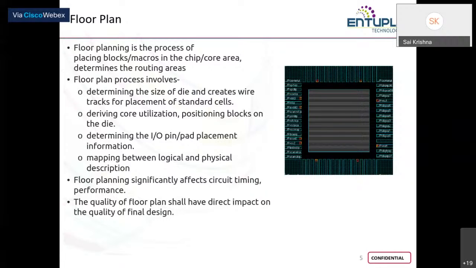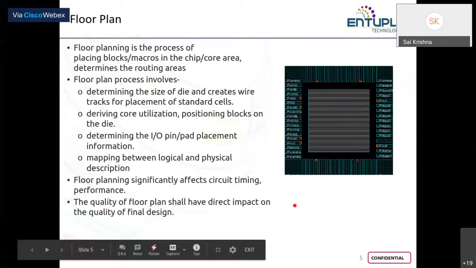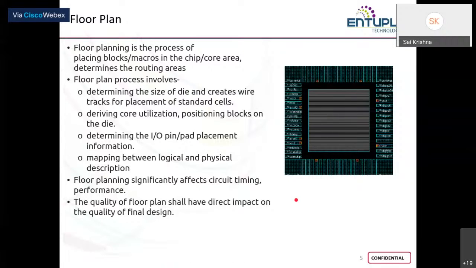But just keep this in mind that you'll first place your macros and make sure that out of all the area present in your core area, if you assume this to be 100%, for floor plan you will be using only 60 to 70% of total available area, and only in that 60 to 70% you will be placing your macros.